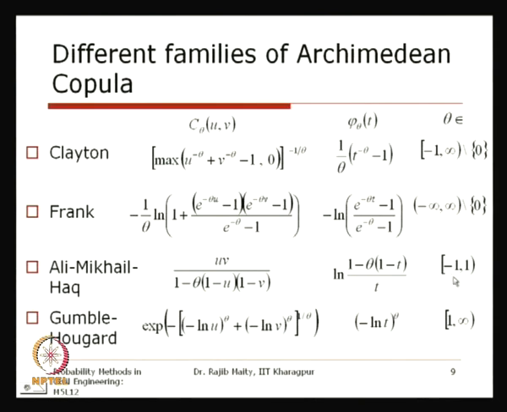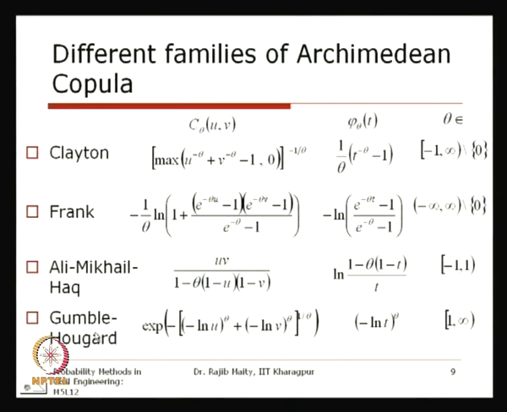Its range is from minus 1 to plus 1, where 0 is included, but plus 1 is an open boundary and minus 1 is a closed boundary. The difference from Clayton and Frank is that for those two the dependence range is very wide but 0 is excluded, while for Ali-Mikhail-Haq the dependence range is very narrow but 0 is included.